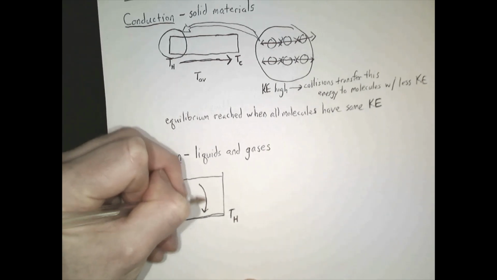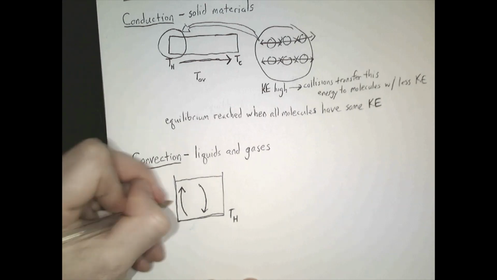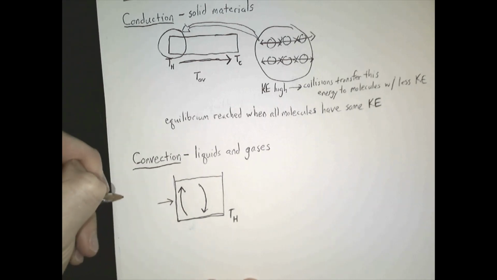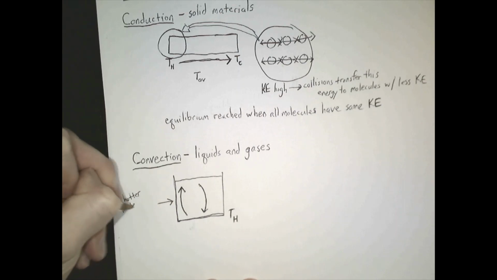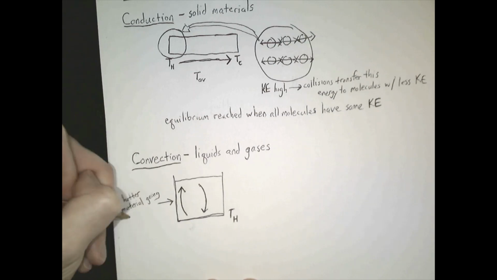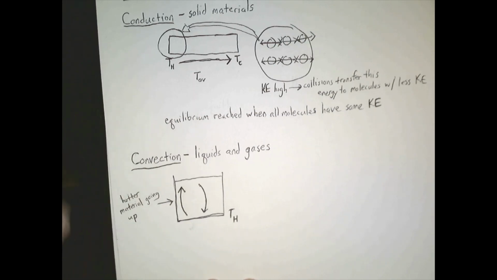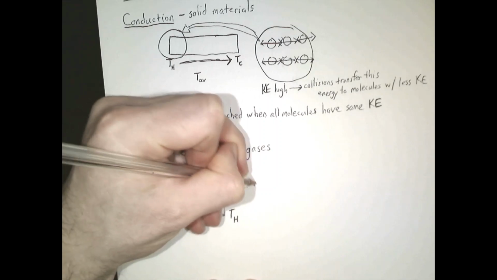And so in convection, you have this bulk transfer of motion. So you have the hotter material going one way, going up, for example. Heat rises, we say. We have the cooler material sinking down.